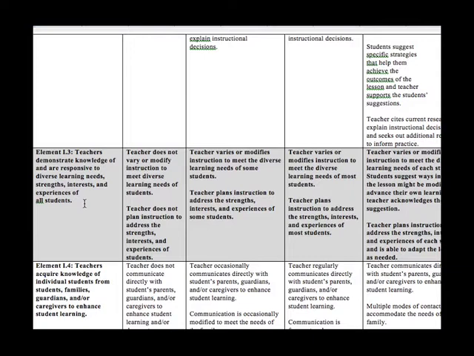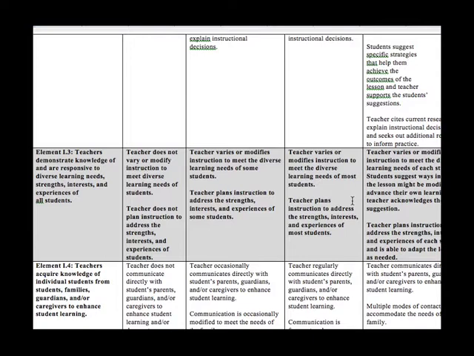It is recommended, to best understand what each rubric or element is measuring, to look at a score of a 3. In this case, a score of a 3 would measure the degree to which the teacher varies or modifies instruction to meet the diverse learning needs of most students, and how the teacher plans instruction to address the strengths, interests, and experience of most students.